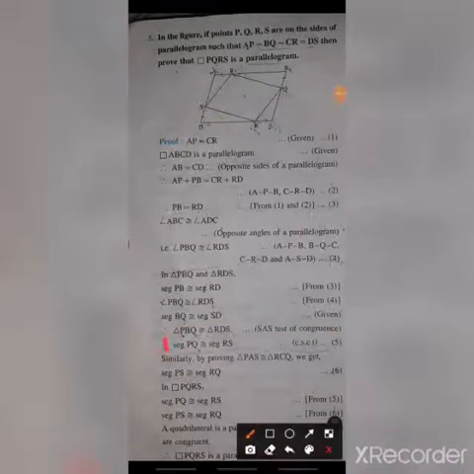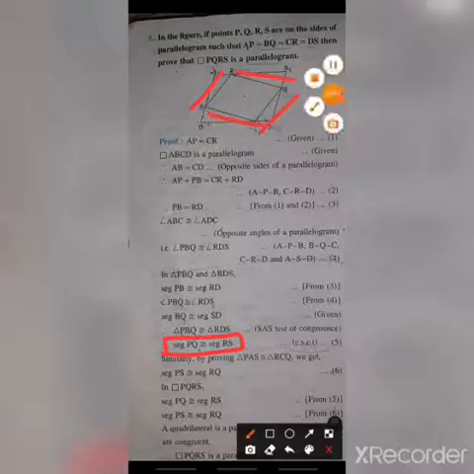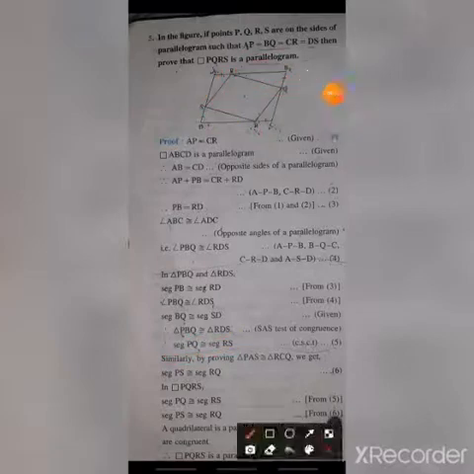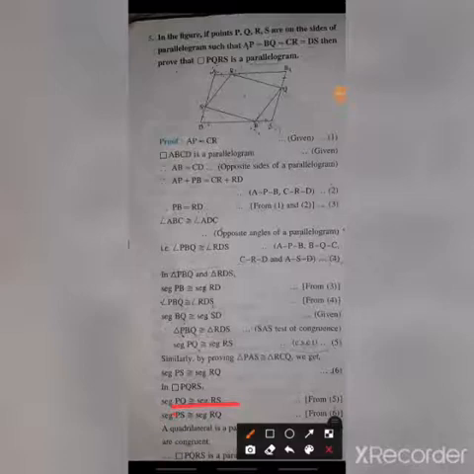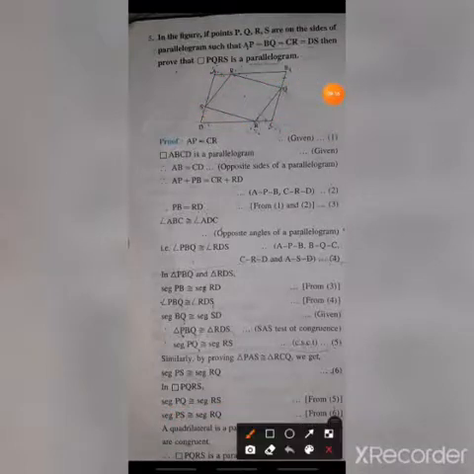Then PQ is congruent to RS and PS is congruent to QR.